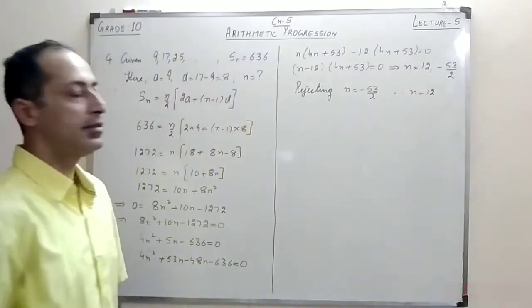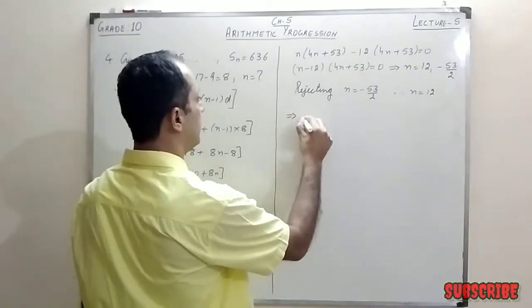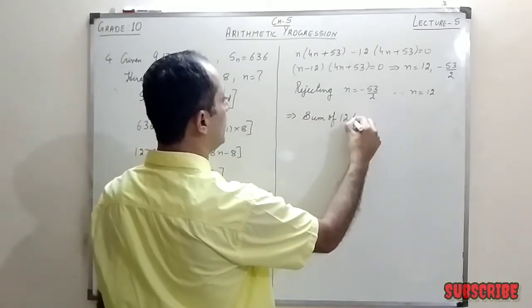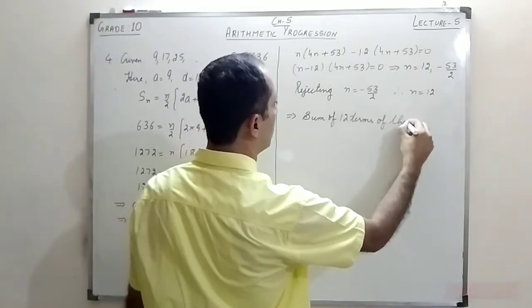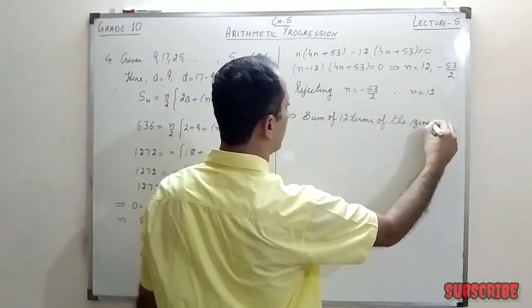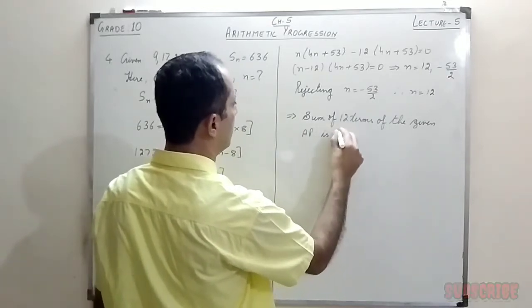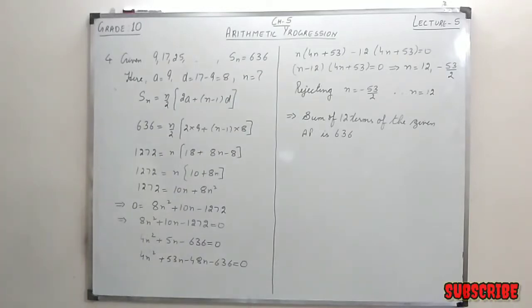It means the sum of 12 terms of the given AP is 636. So this is the way we have to simplify. It's quite a simple question. Let's see the next question now.